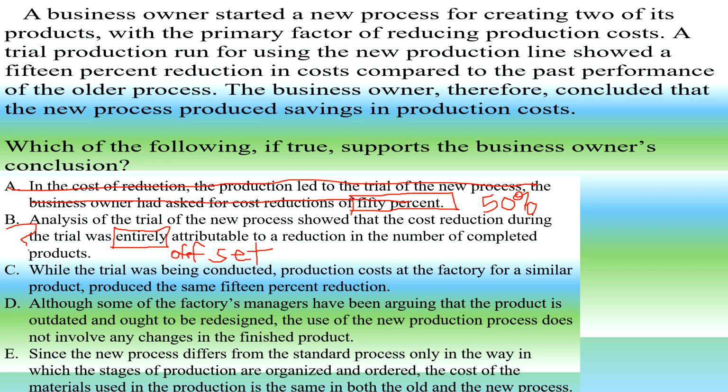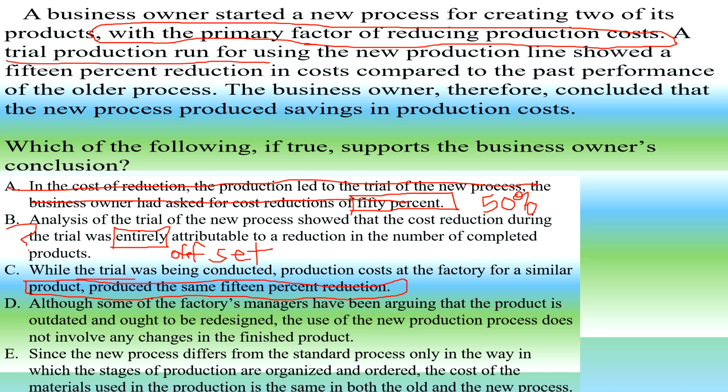Okay, so while the trial was being conducted, production costs at the factory for a similar product produced the same 15% reduction. Now, you've got to be careful here, because you have to go back to the reason that the business owner is reducing two of its products, because she's doing a trial run.